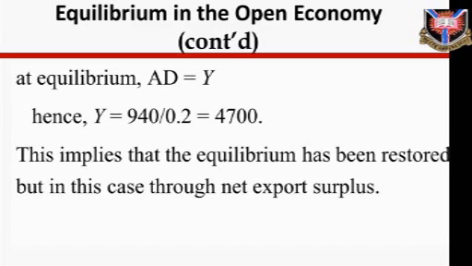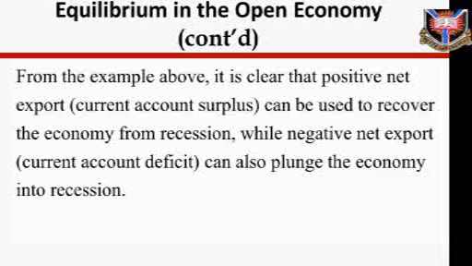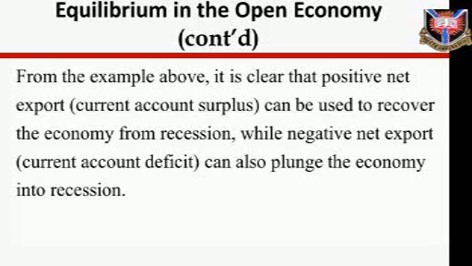This implies that the equilibrium has been restored, but in this case through the net export surplus. From this simple example above, it is clear that positive net export can be used to recover the economy from recession, while negative net export can also plunge the economy into recession.